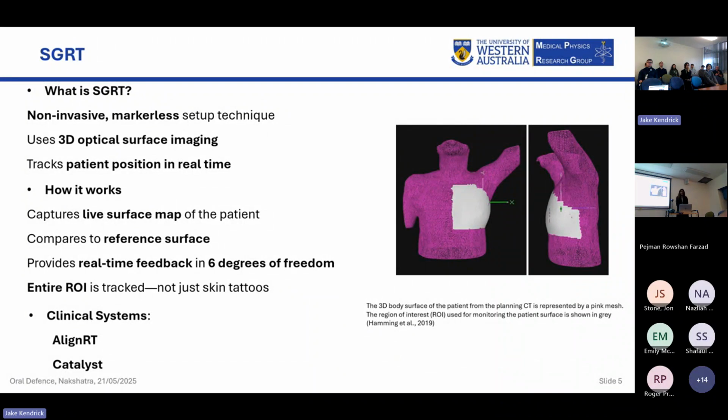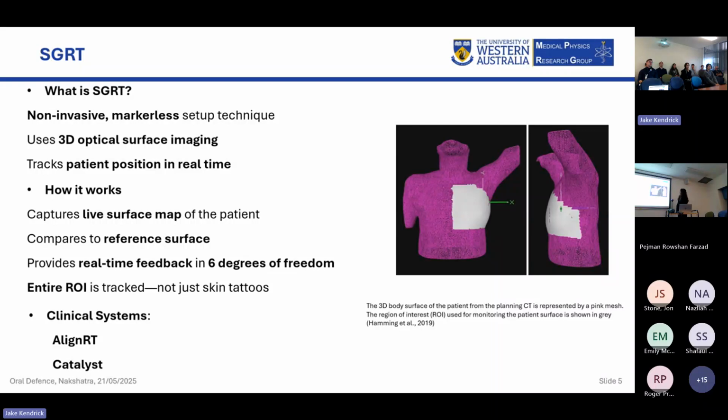The SGRT algorithm provides live feedback on displacement between these registrations in 6 degrees of freedom. So basically, the entire region of interest is registered instead of just 3 tattoos or skin marks alone. SGRT systems like AlignRT and Catalyst are already in clinical use, helping reduce setup error, and it also supports DIBH, which we'll get into next.